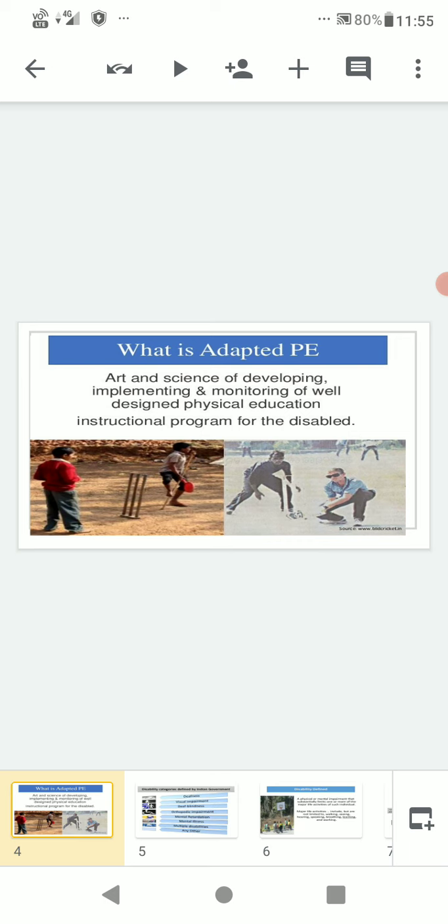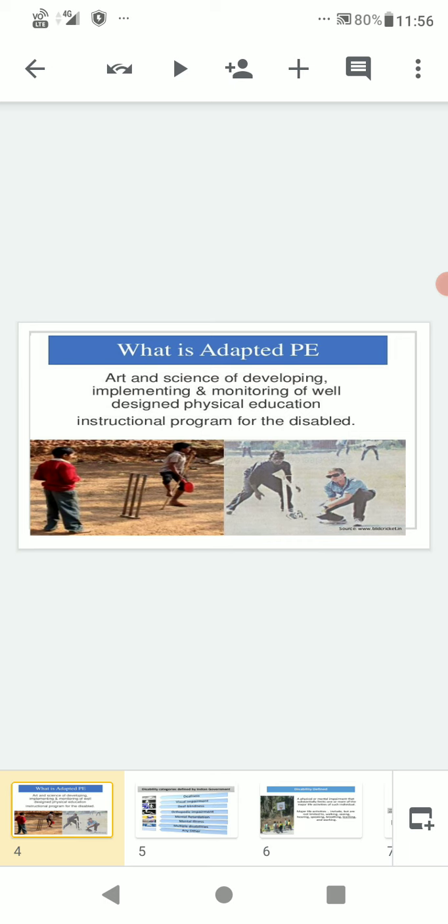Number 8 is develop knowledge of good body mechanics. To develop knowledge of good body mechanics is another important objective of adaptive physical education. In fact, adaptive physical education helps each individual to develop knowledge and a sense of appreciation with regard to good body mechanics. Number 9 is improve social adjustments.